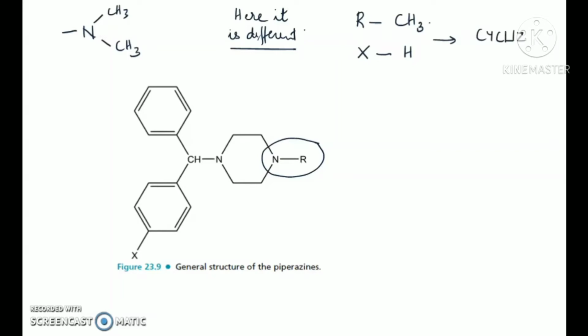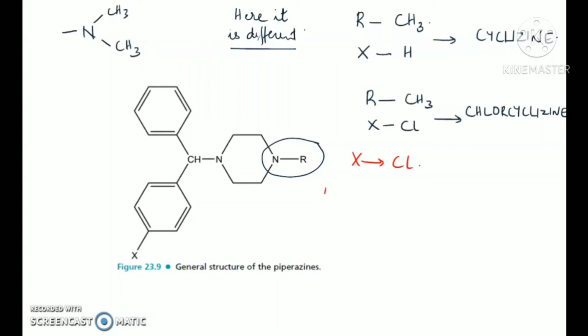In cyclizine hydrochloride, the X is a hydrogen atom. The substitution at the phenyl ring is a hydrogen atom, and the substitution at the nitrogen atom, that is R, is a methyl group. In chlorcyclizine, from the name itself you can understand that it is a chlorine substituted derivative of cyclizine. So the X in the substituted phenyl ring stands for chlorine.